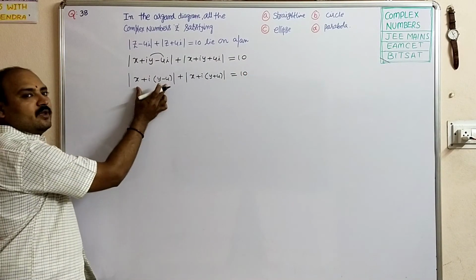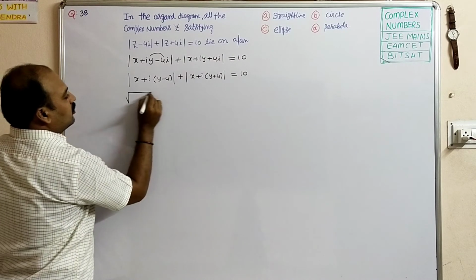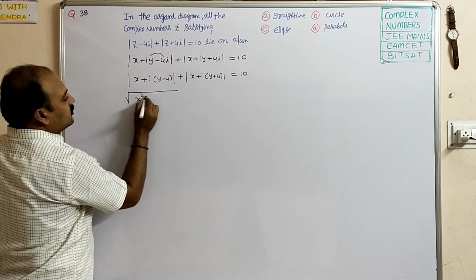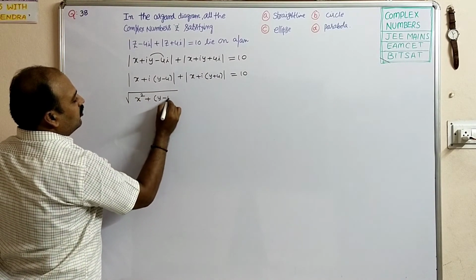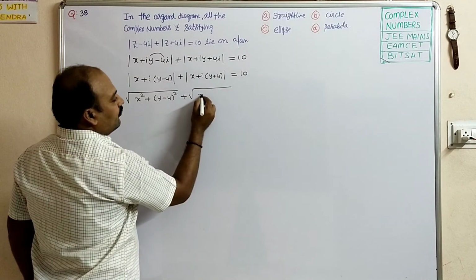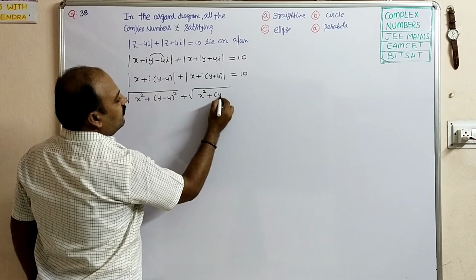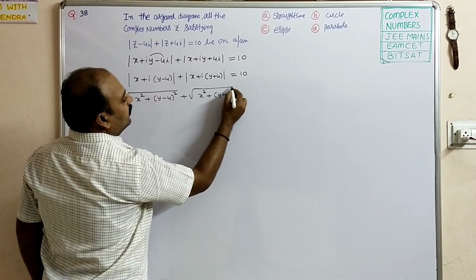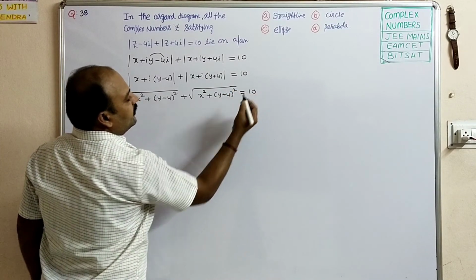So mod x plus iy means square root of x square plus y minus 4 whole square plus square root of x square plus y plus 4 whole square equal to 10.